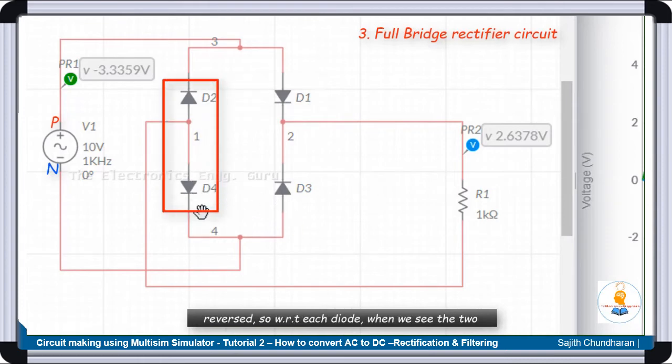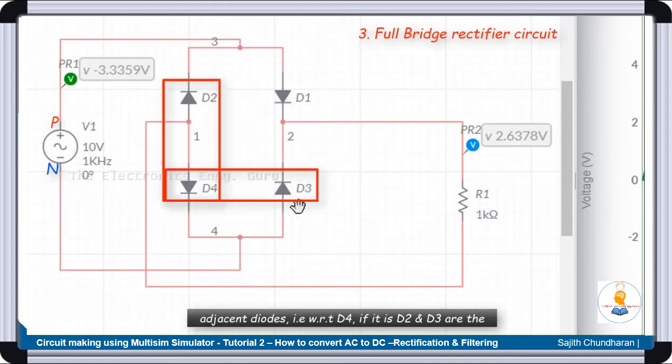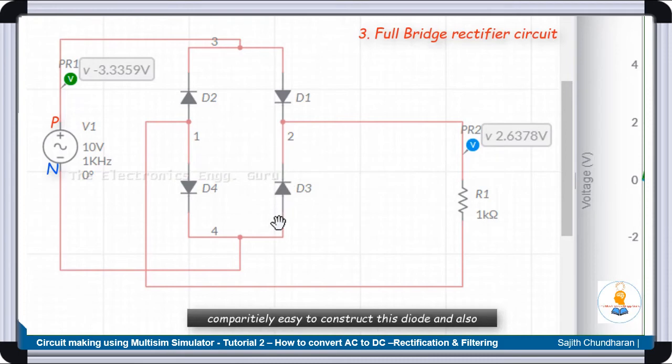With respect to each diode, the 2 adjacent diodes are completely reversed, for example with respect to D4, D2 and D3 are the 2 neighboring diodes. So it is comparatively easy to construct this and remember how the first diode will be acting, and with respect to that you can adjust all other diodes, then your circuit will be working fine.